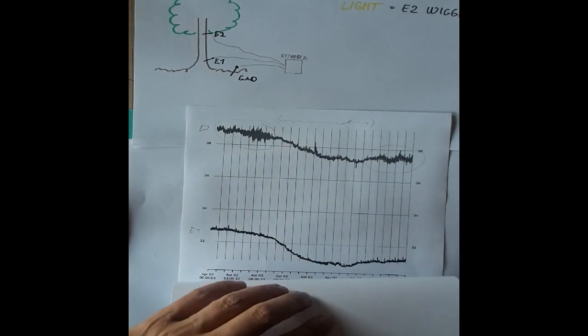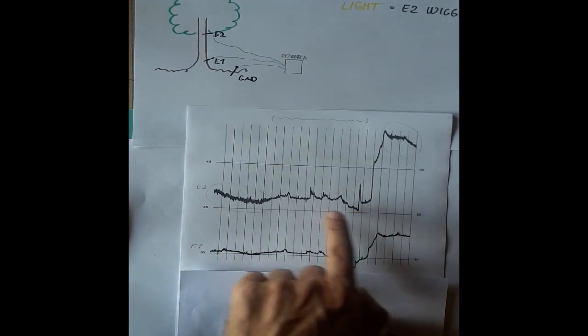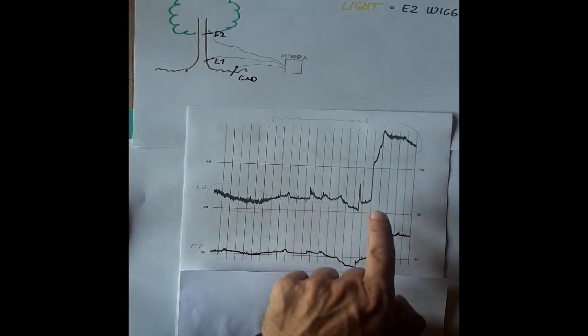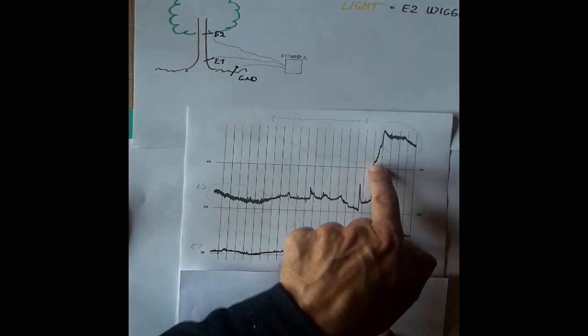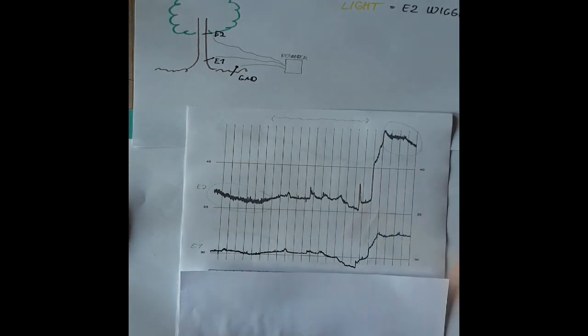Here we have these two small spikes, and here we have this huge, here's the big one, another one here, and then we have this huge level shift upwards in both electrodes. What are they? What can we find? Something, either something in the environment or something in the tree state.